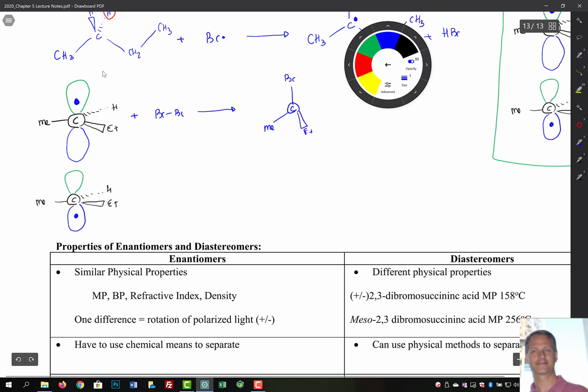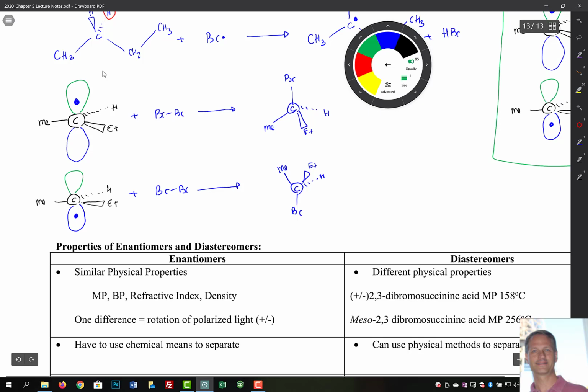Our ethyl gets pushed down, and our H comes back just like this. And then the same idea down here below. So as we approach from the bottom, then our bromo would come down, and then it would push our methyl up, our ethyl up, and our H back. Now the relationship between these two structures, these are enantiomers of each other.